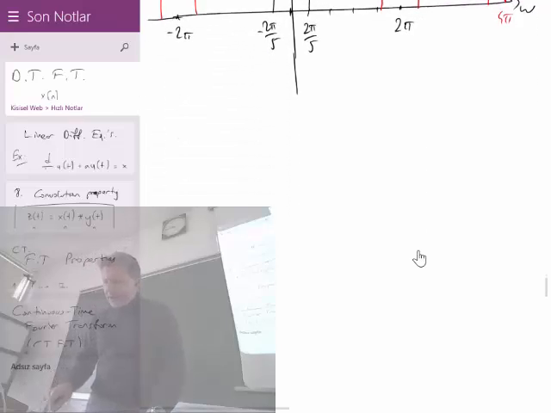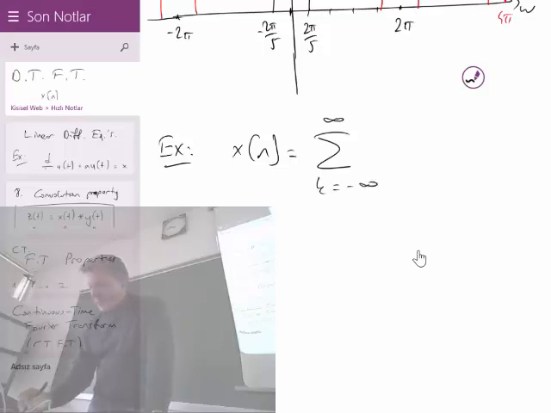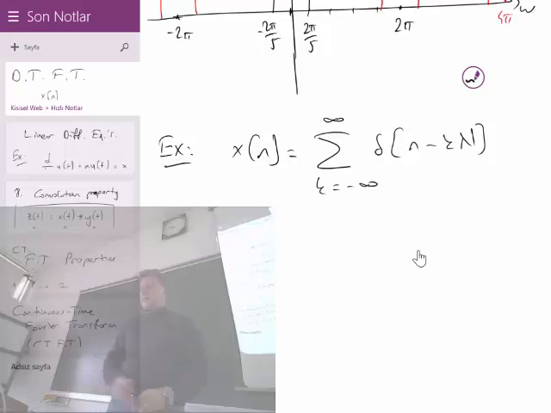Very well. Now is the last example before the break. It's a periodic signal, but the periodic signal is strange. Again, it's a discrete time impulse train, delta n minus k times capital N. Now, what is the period of this periodic signal?